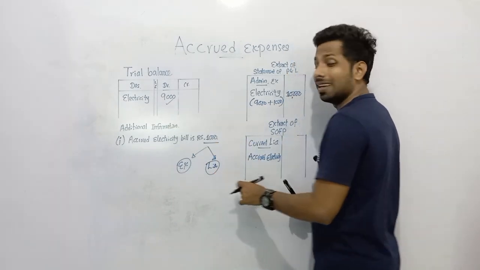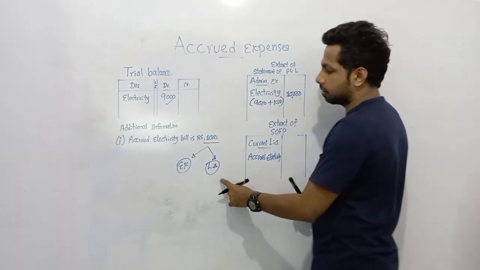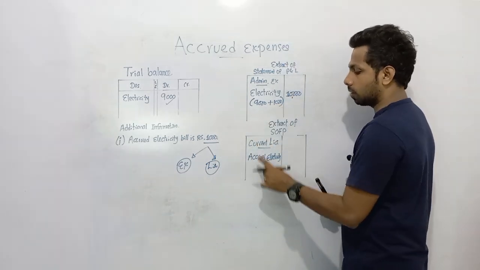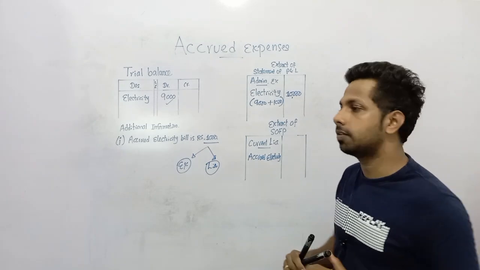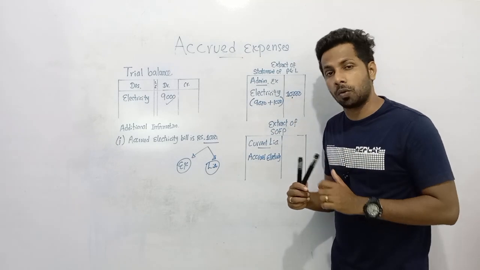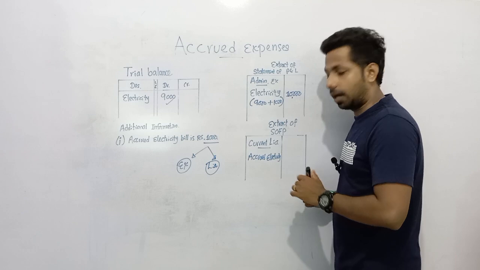How much is the yet to pay amount? It is 1,000. So you need to consider this 1,000 as an expense as well as a liability. What kind of liability is this? This is a liability which we expect to settle within the next 12 months, and we call such liabilities current liabilities.